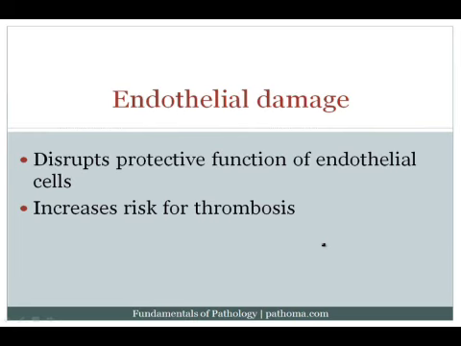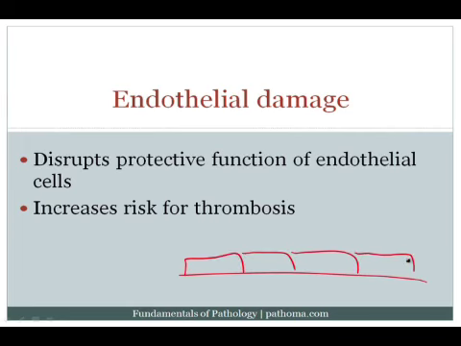So let's give some examples of what the endothelium does to protect against the formation of thrombosis. Now, the first way by which the endothelium protects against thrombosis is by simply forming a barrier that blocks away subendothelial collagen and the underlying tissue factor.